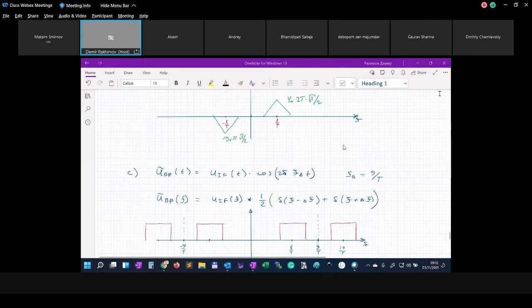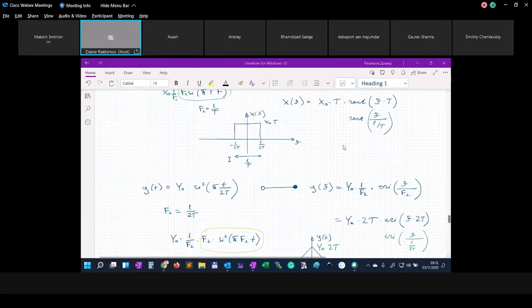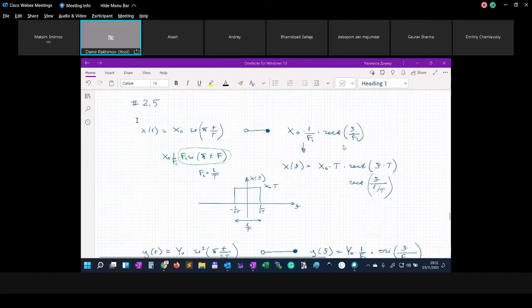I cannot show you my notes because this document camera doesn't transmit over WebEx, but it's given. First of all, we know how the signal in the time domain looks: this is x0 times the sinc function. It is given. Then we calculate the Fourier transform of this signal, and we find that in the frequency domain it is nothing else than a rectangular shape function.